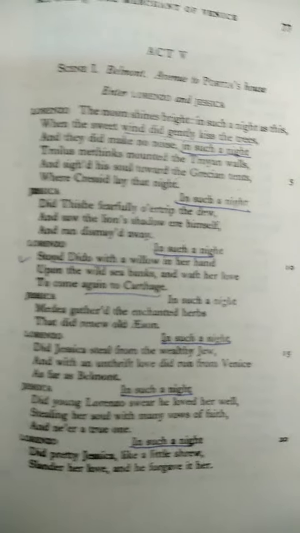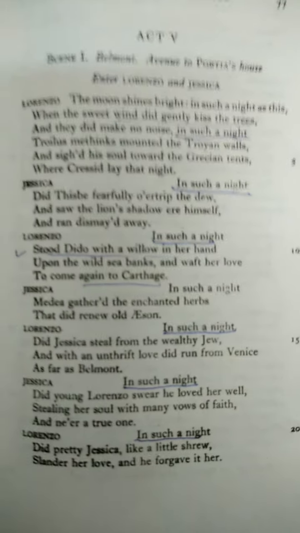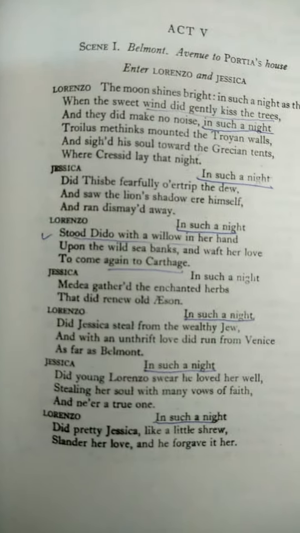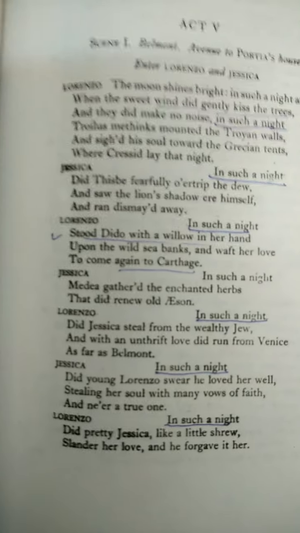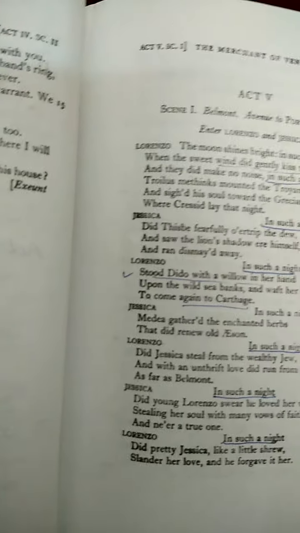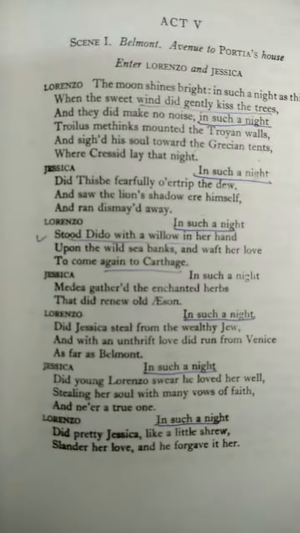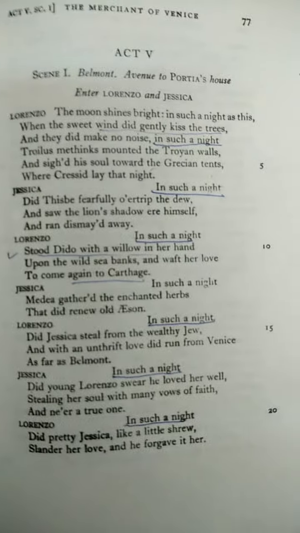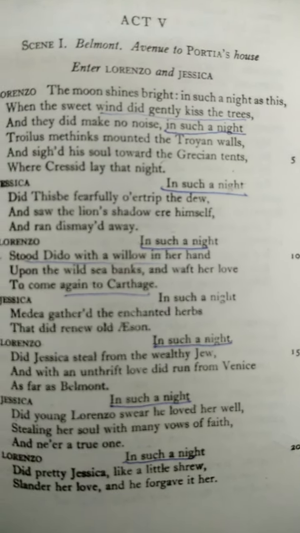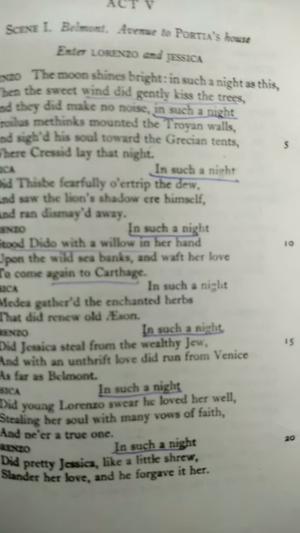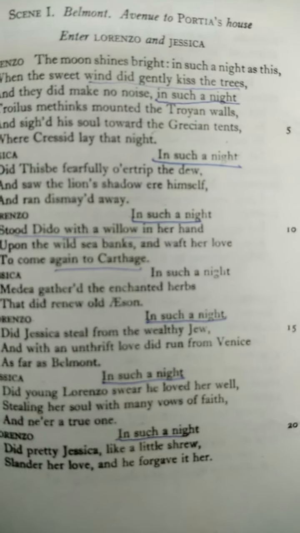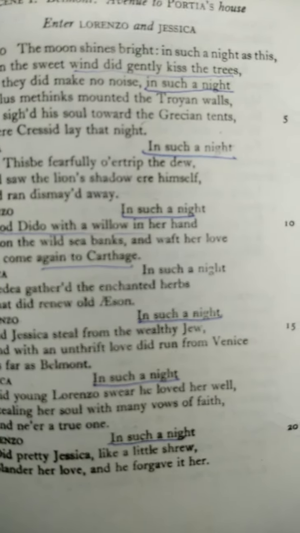Now point-wise here we will discuss. First of all, actually they are having a discussion. Now when they talk about legendary lovers, first in this, it begins with the famous depiction of moonlight. What is that?